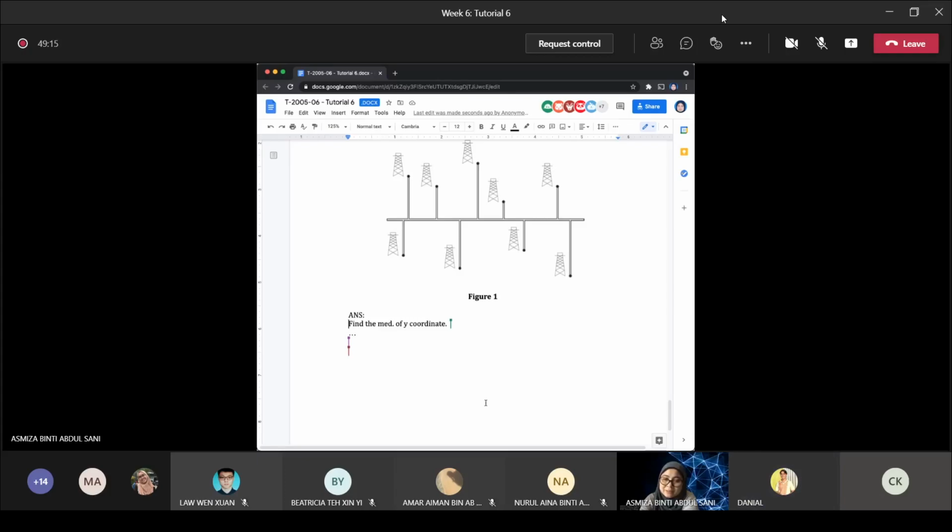Either you find the median of the distance between the nearest well and the furthest well, or you find the median of y based on each of the y coordinates of all the wells. Which one is it? I know you all have the answer. I want you to understand the answer.